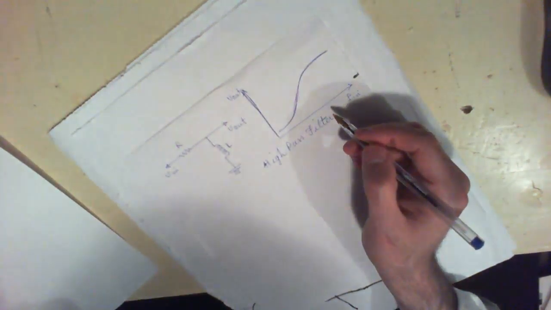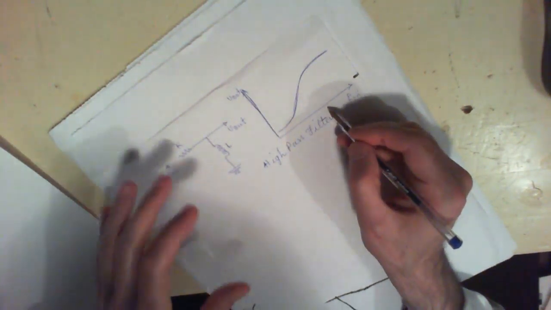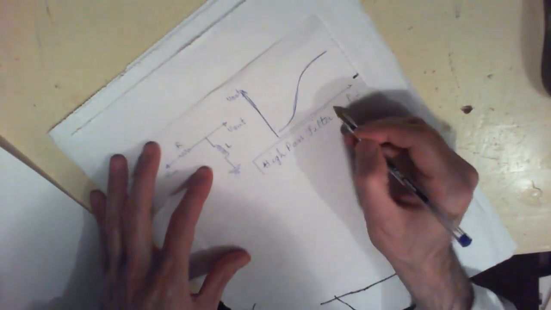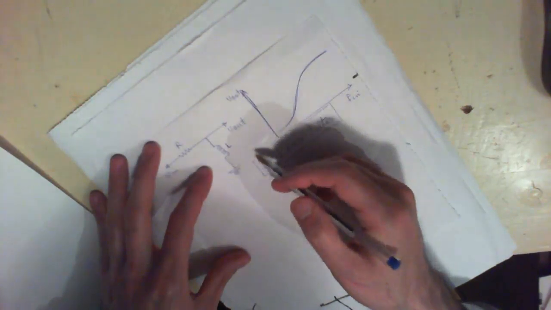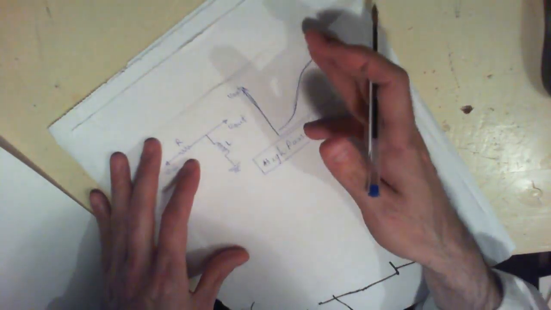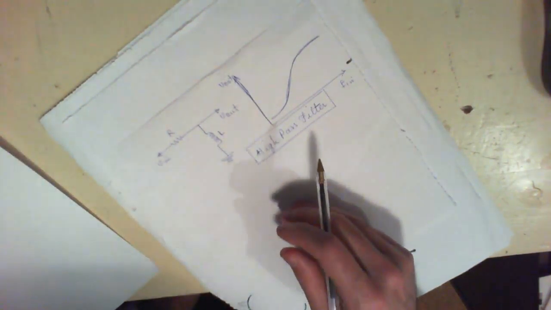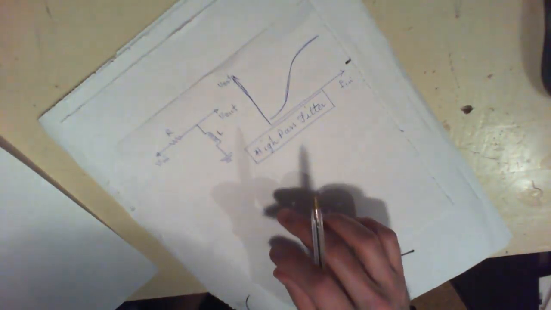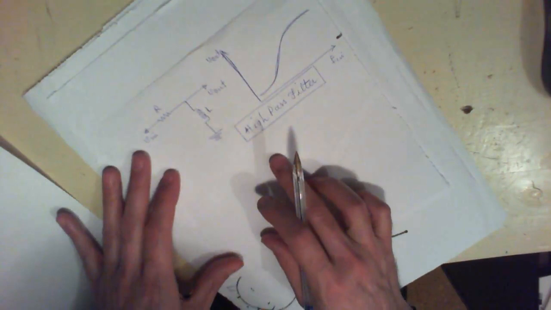Okay, so now that we know what sort of filter we have, and we know enough information about our output, we also need some information about our phase shift in this circuit.